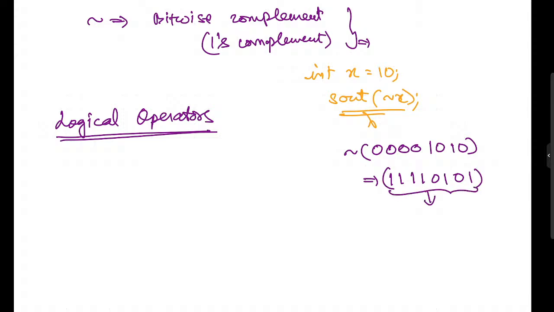The very easy way to do this is that for a positive number, you increment it by 1 and change the sign. So 10 plus 1 and then change the sign, you'll get minus 11, and that is what this binary number represents.